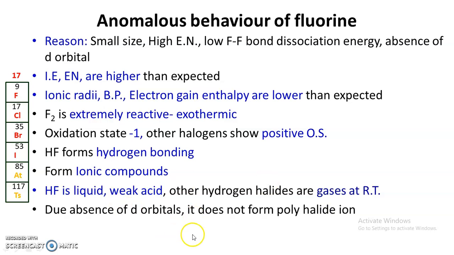Now, due to the absence of d orbitals, fluorine does not form polyhalide ions, whereas other halogens form polyhalides like I3 minus, Br3 minus, I5 minus, etc. But fluorine does not form polyhalides, and this is because of the absence of d orbitals.